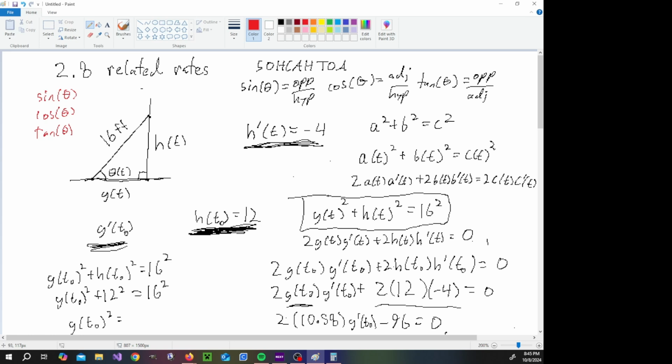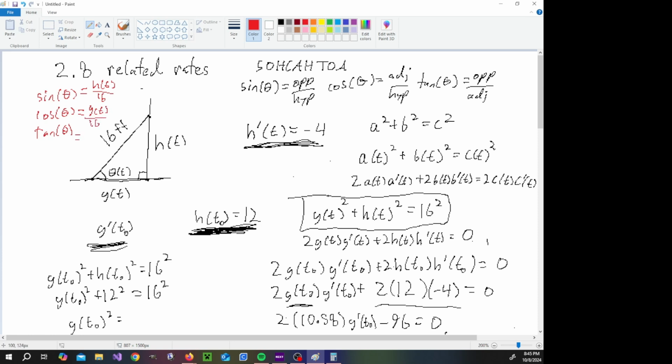And it turns out that if we look at all of these, for theta, the opposite side is h, and the hypotenuse is 16. So sine is h over 16. Cosine is g of t, the adjacent side, over 16.